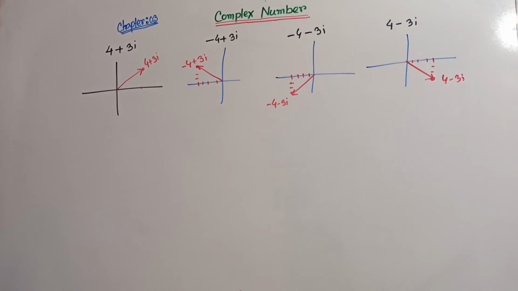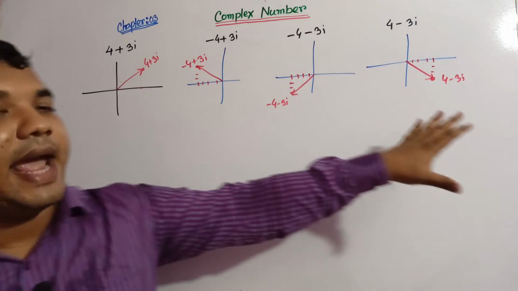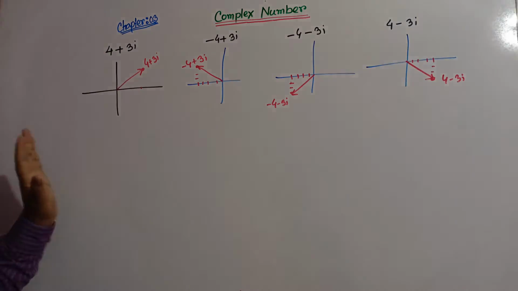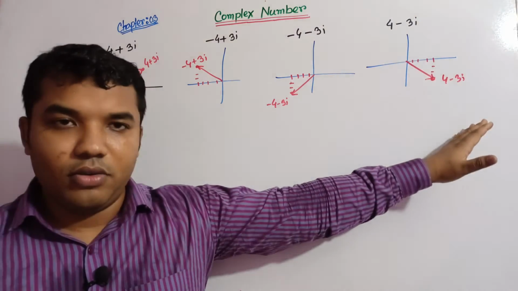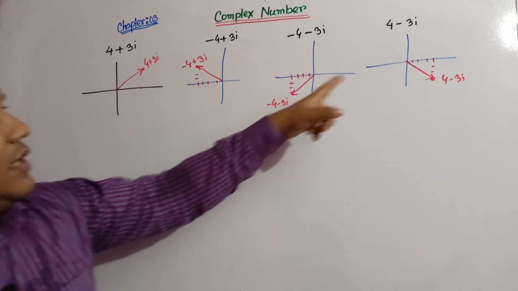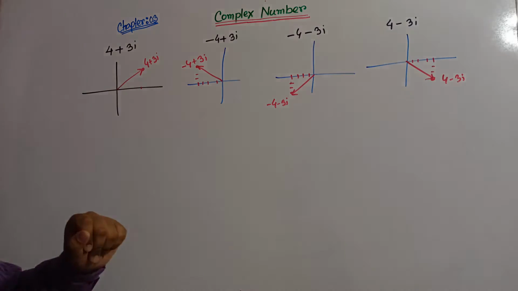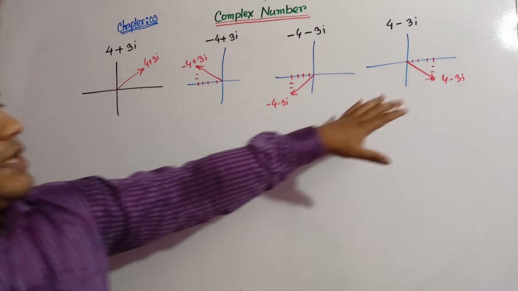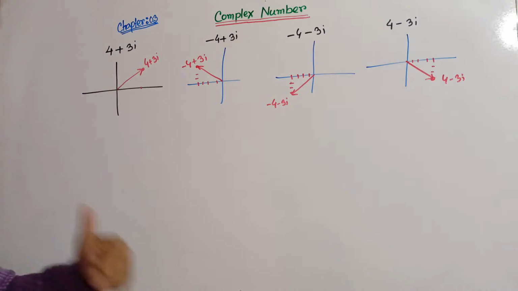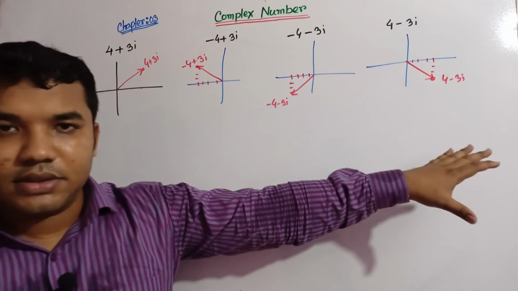My dear students, why am I going for these 4 figures at a time? In the case of modulus, there is no problem at all, because every time we get the modulus, the distance, it is 5. But even if the distance of these is 5, the problem is what will be the argument of this?